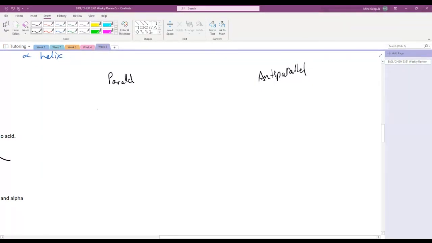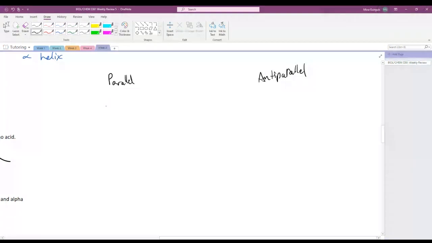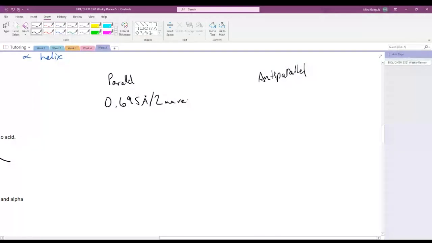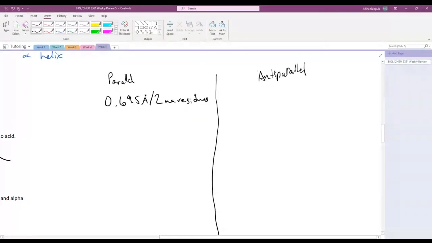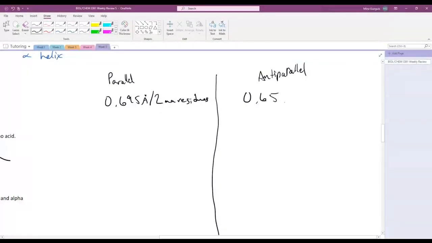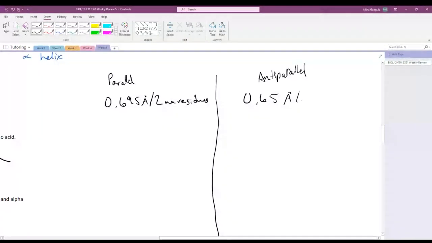For a parallel beta sheet, it's 0.695 angstroms per two amino acid residues. For an antiparallel, it's 0.65 angstroms per two amino acid residues.